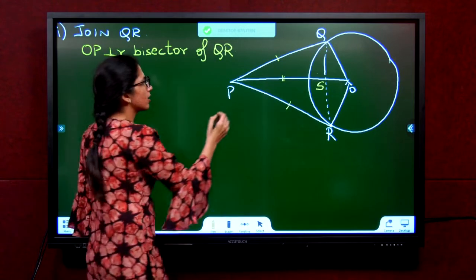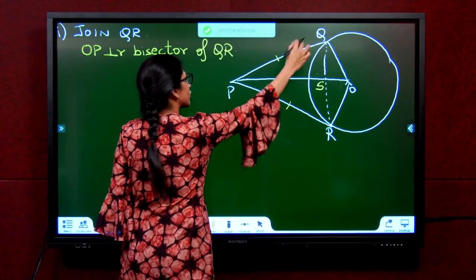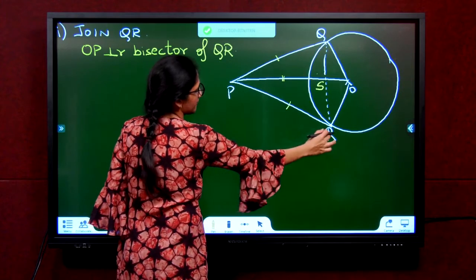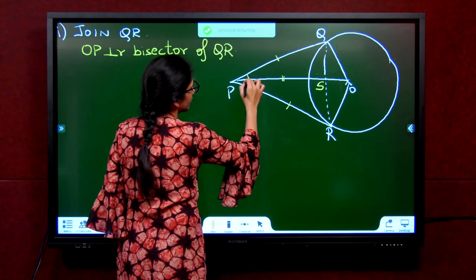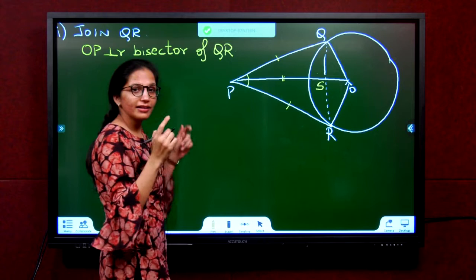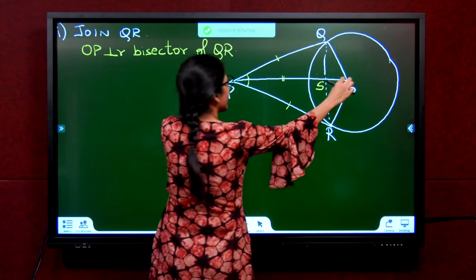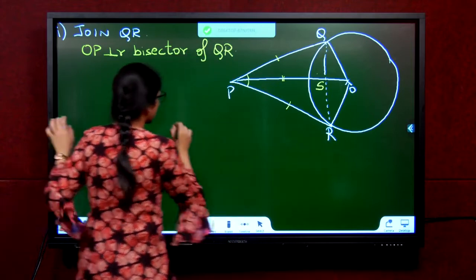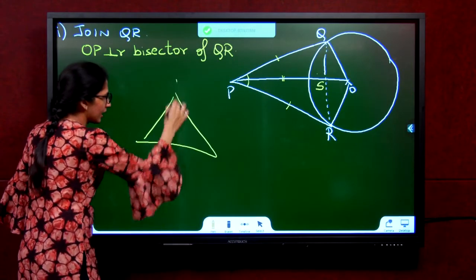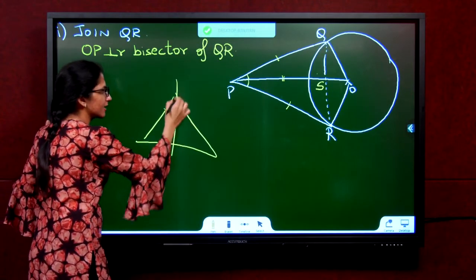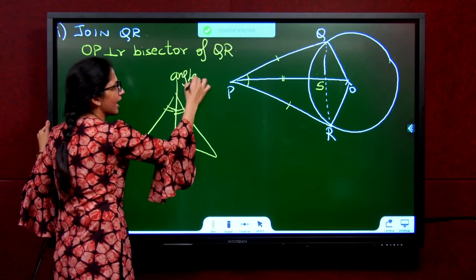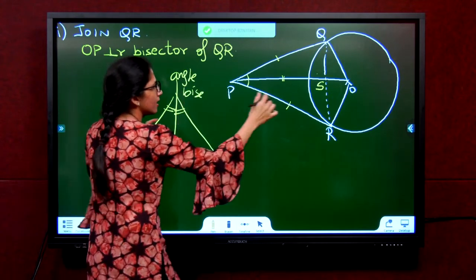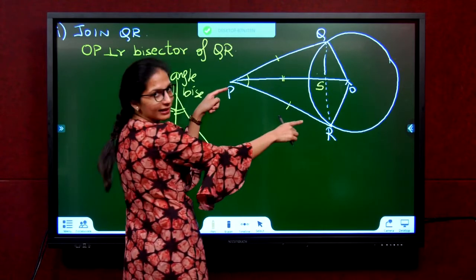And you know, angle SPQ is equal to angle SPR. Why? You just learnt it in the previous note. PO is the angle bisector of QPR. If you have a triangle and this angle is bisected, then this line is called the angle bisector. This line is bisecting this angle.